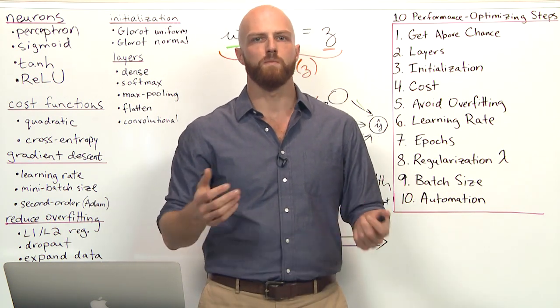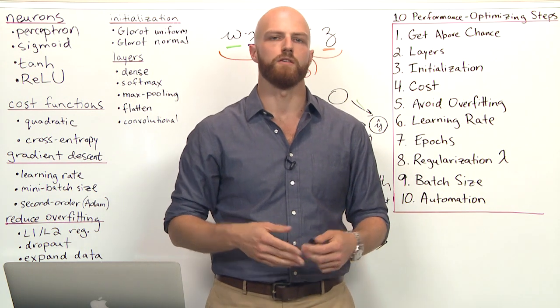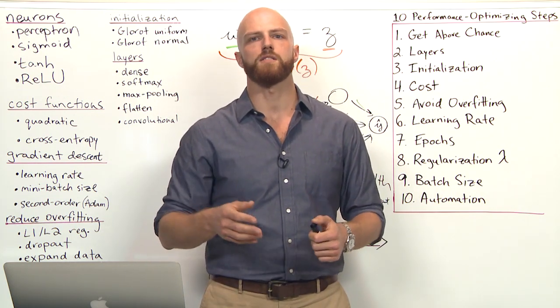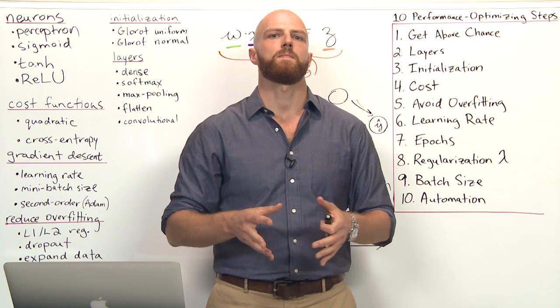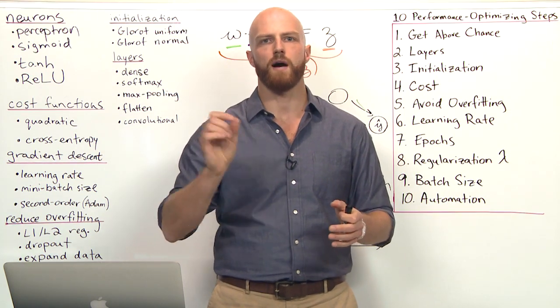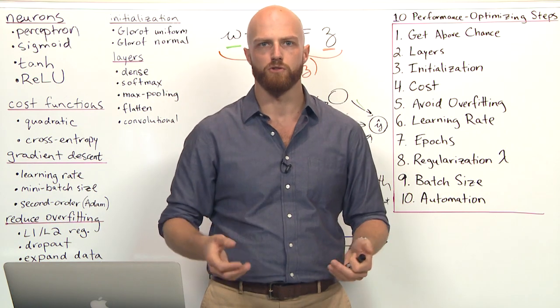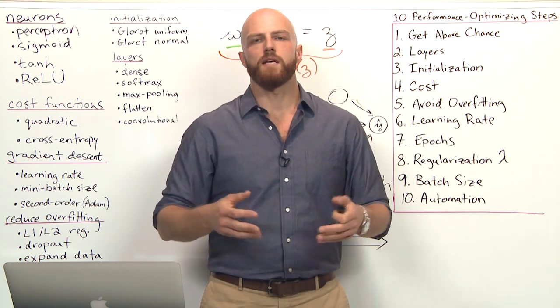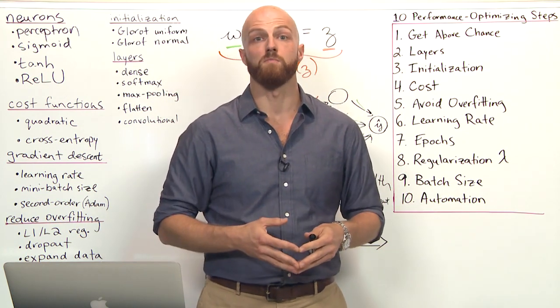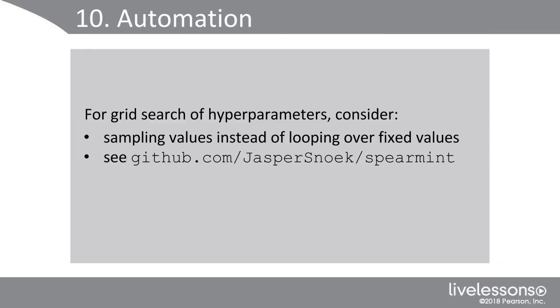And Yoshua Bengio has done research out of the University of Montreal that recommends not using fixed points for the values in that grid search, but randomly selecting them from a distribution. That tends to get high-performing results more quickly. And finally, there is open source software available for optimizing your hyperparameter searches automatically. For example, there's a package called Spearmint that you can use.